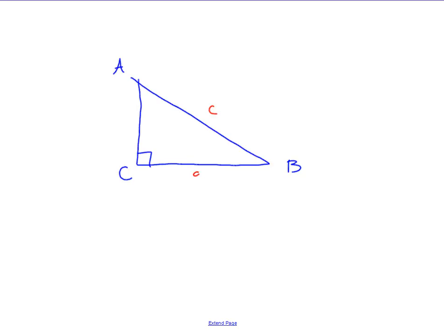The last thing that I want to talk to you about is making sure that you never use your 90-degree angle. So if this is my triangle, that means that this would be side C, this would be side A, and this is side B. Some of you want to do like sine of angle C. The reason why we can't ever use our 90-degree angle is because when we do the ratio for sine, that's opposite over hypotenuse.